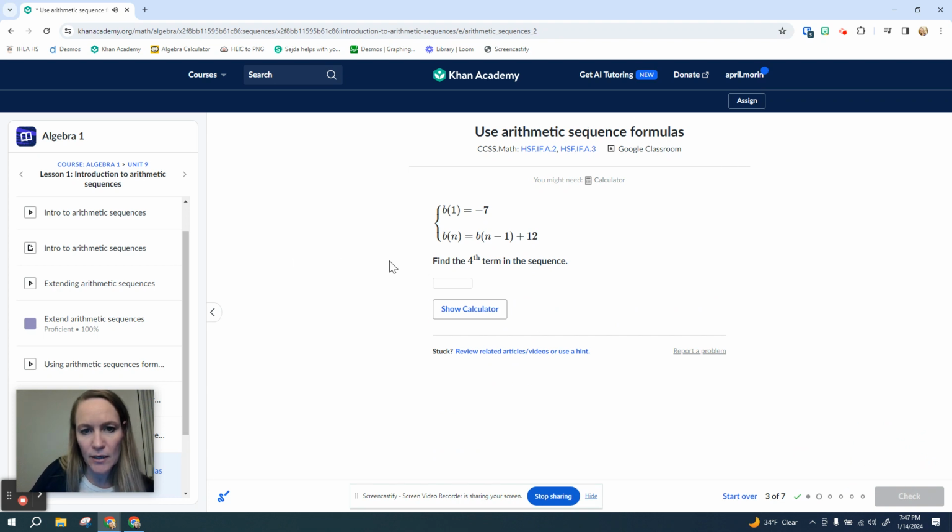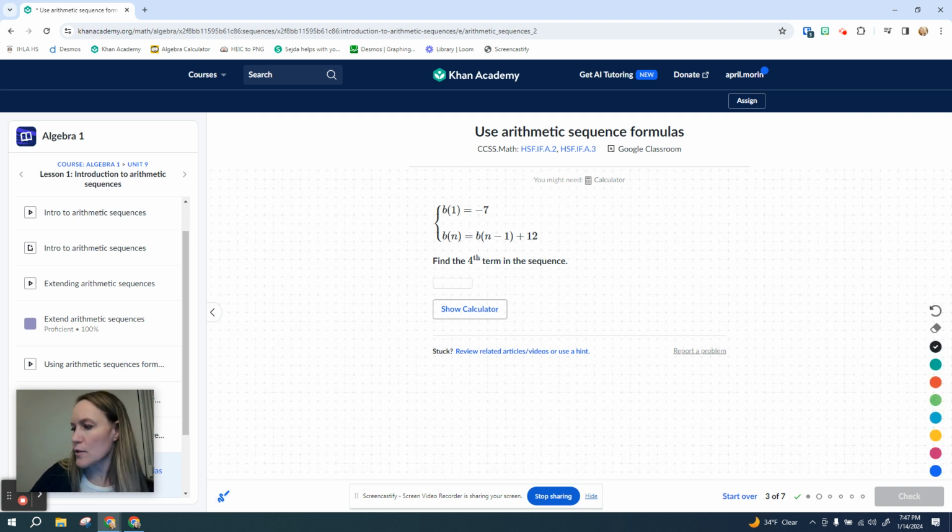Okay, same thing. So find the fourth term. So this one we are going to have to do that counting because we have this b in our formula here. So I know I'm going to need the first term, which is going to be -7. And I'm just going to add 12 each time.